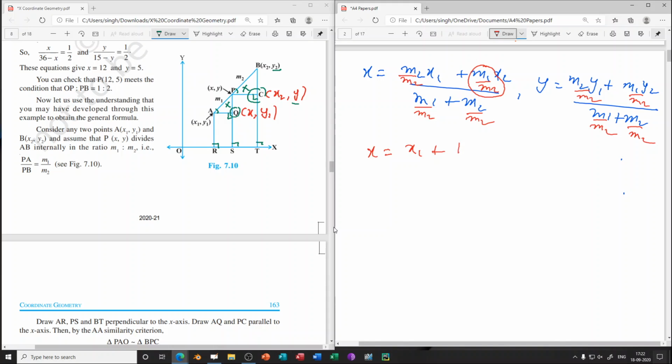So x is x1 plus lambda x2 over lambda plus 1, and the y coordinate will be y equal to y1 plus lambda y2 over lambda plus 1.